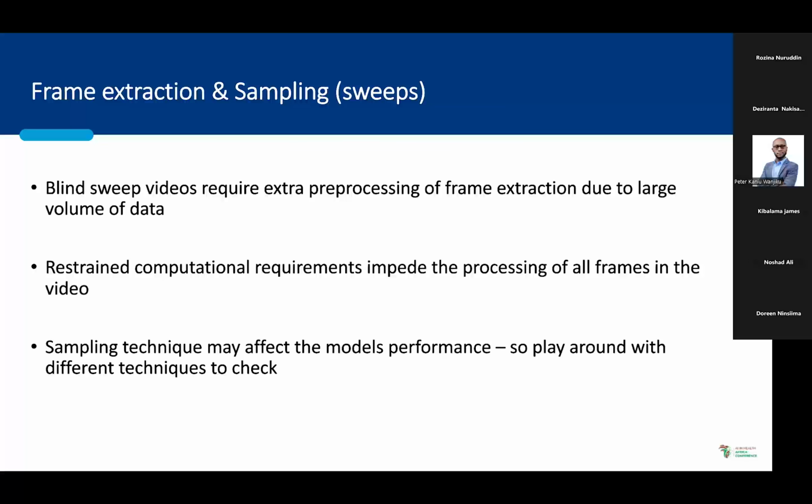This could help the model not get confused by the repeated information. Also, removing lots of redundant data by sampling can help you train the models in a computationally efficient manner, so you don't use a lot of compute for model training. So when you work with videos, it is often important to do sampling or frame extraction.